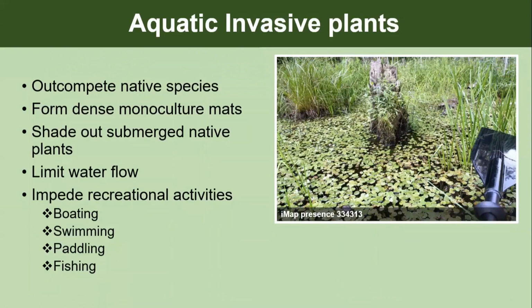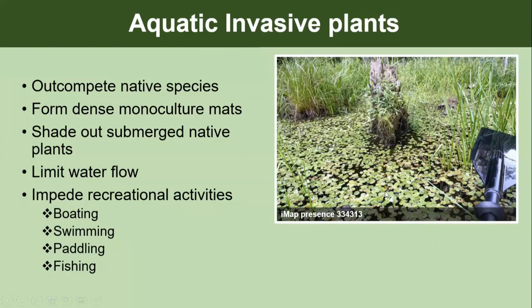They're lumped together. Of course, they're all different, but a lot of aquatic plants do have some impacts in common. Some of the common impacts you'd see are that they outcompete native species. They form dense monoculture mats, which then shade out the species that would normally be growing under the water. They can also alter water flow and kind of block it.